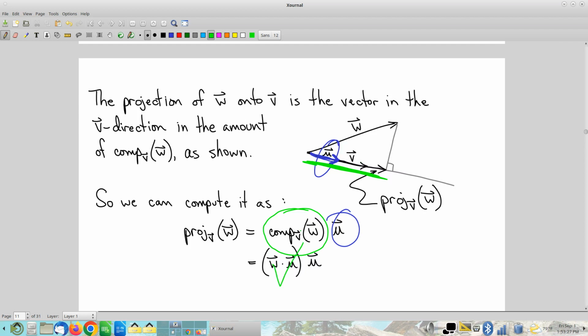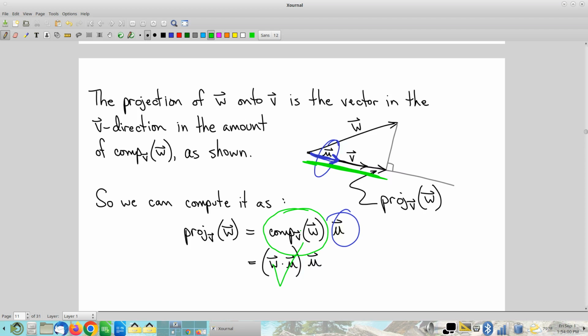Right, now let me fix my sloppiness. This, what I have in green here, it's not a distance. Right, it's a scalar. It could be negative. If it's negative, the projection's going the other way because after all, the W would be over here, and it really would be literally a negative multiple there. Right? So intuition-wise, it's fine to think of this as kind of like a magnitude, but you have to keep in mind it's not an intrinsically positive thing like a magnitude is, like a distance is.